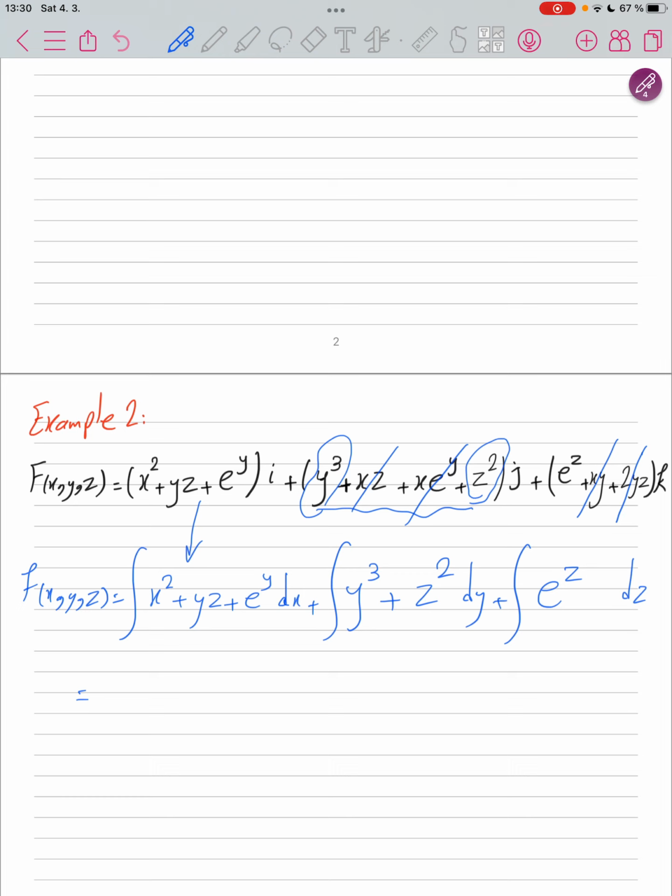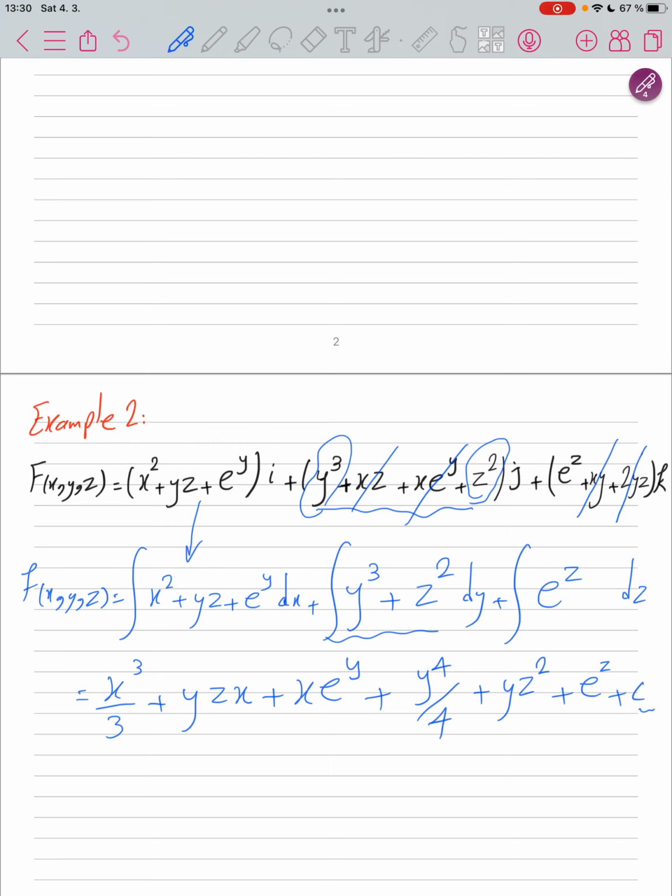Therefore, here you have x cubed over 3 plus yzx plus x e to the y. And now this integral is going to be y to the 4th over 4 plus yz squared. And then the last one is going to be e to the z plus a constant, right? But this is somehow a true constant, right?